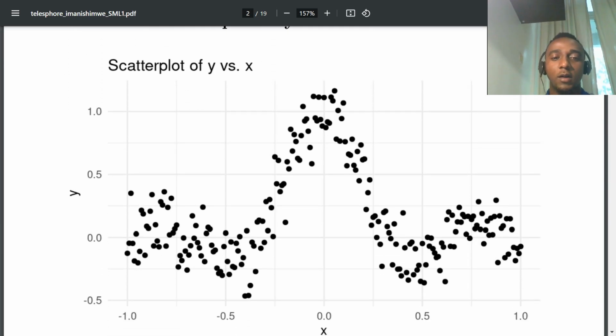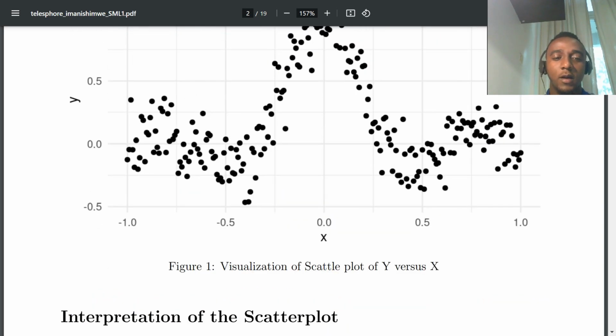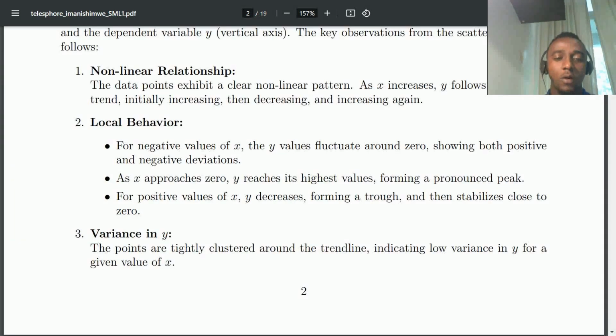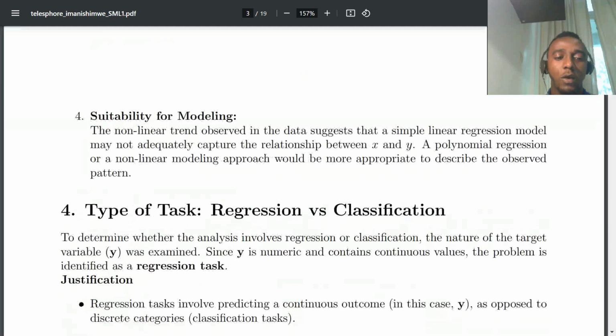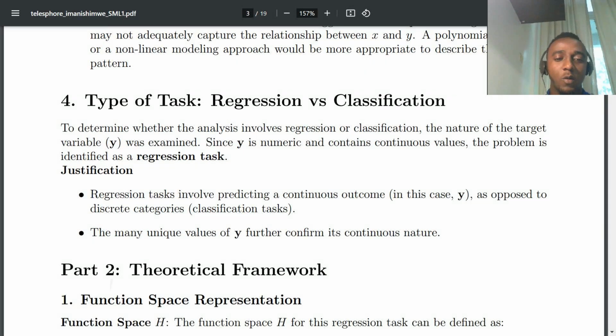So after checking those variables, I found that there is no linear relationship between x and y. So after that, I went to the type of task. What am I going to do? So I checked and found that the task is regression because my dependent variable is continuous.